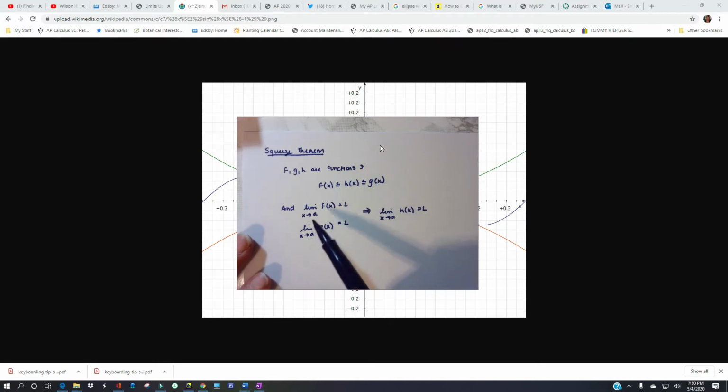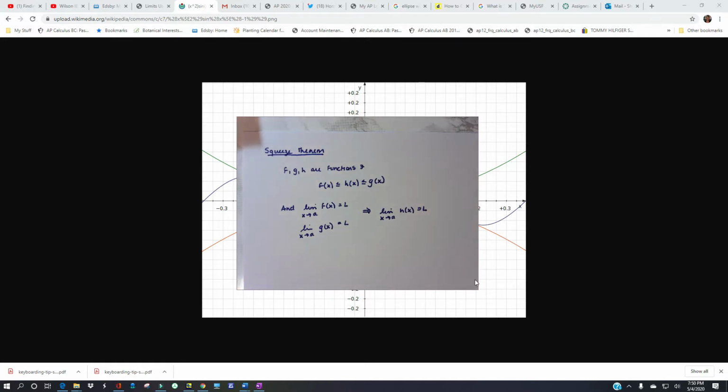The squeeze theorem says you have three functions, f, g, and h, and they're positioned such that h is in between f and g. If the limit as x approaches a particular point of f equals some number, and the limit as x approaches that same point of g equals the same number, then it makes sense that a function in between those two would also have to approach that number.